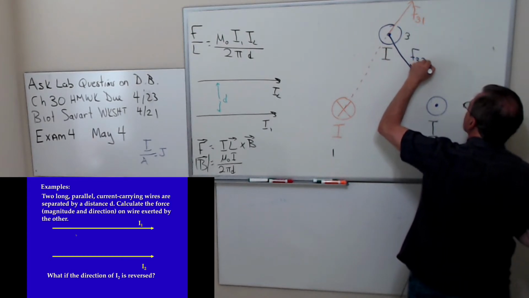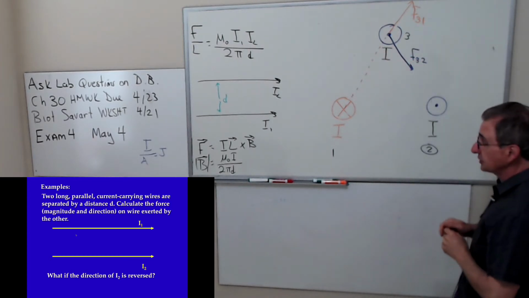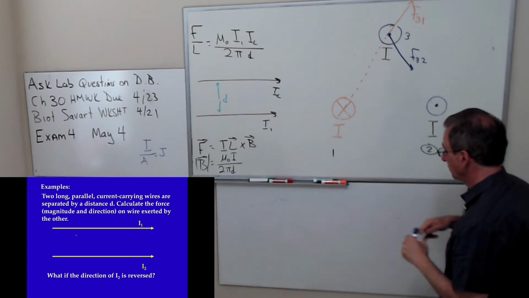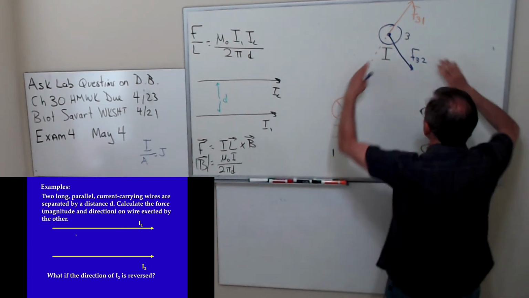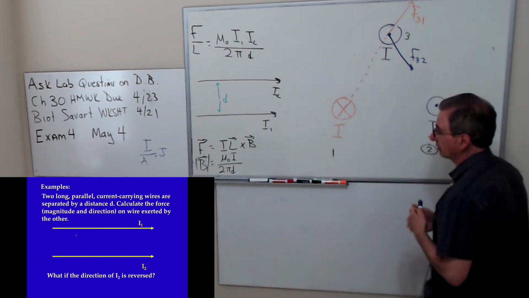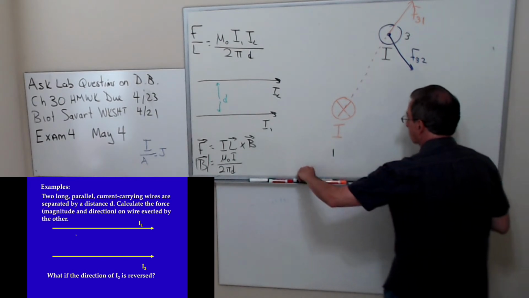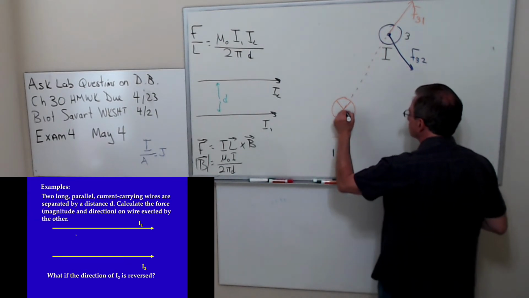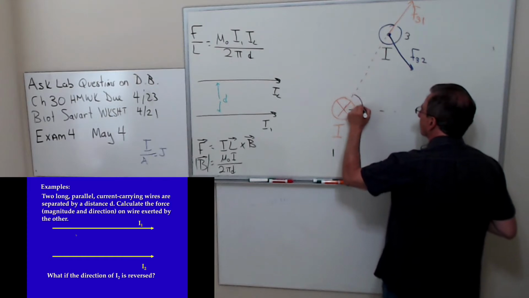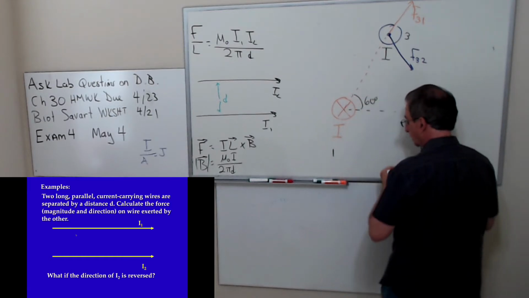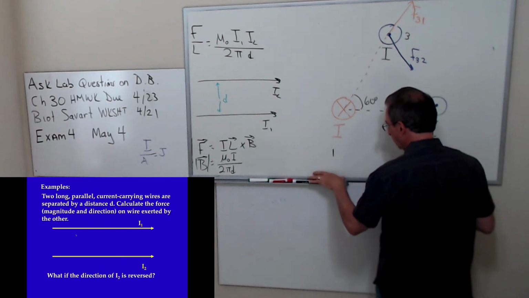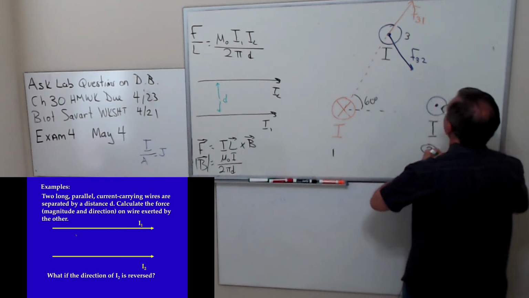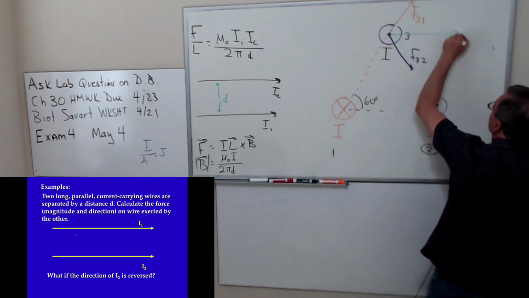This is the force on 3 due to 2. Since the currents are the same, and since we said that this is an equilateral triangle, what can you say about the resultant force? To the right. Yeah, you're right, the resultant force will be to the right. Will be that way.